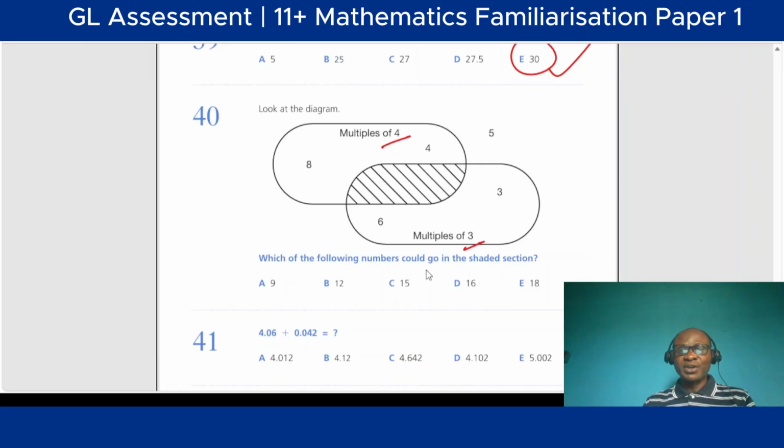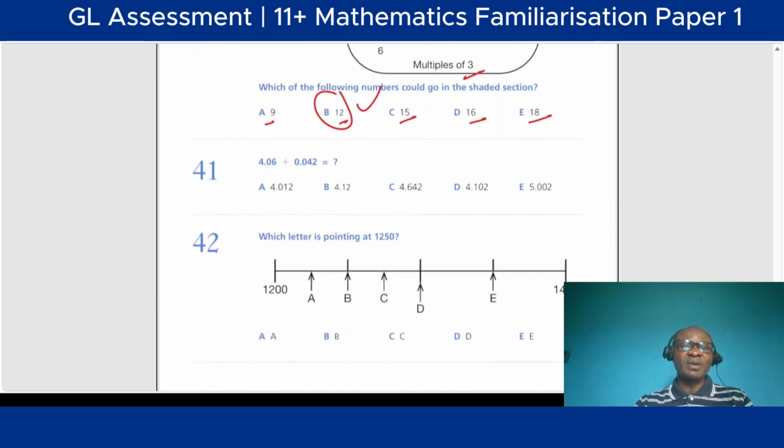Which of the following numbers could go into the shaded region? 9 is not a multiple of 4. 12 is a multiple of 4 and also a multiple of 3, so the correct answer is 12. 15 is not a multiple of 4. 16 is not a multiple of 3. And 18 is not a multiple of 4. So B is the correct option.